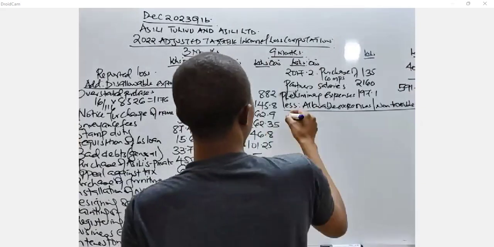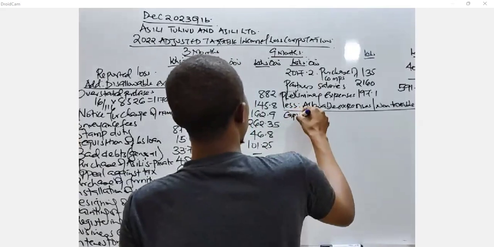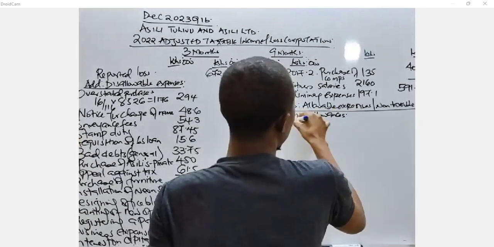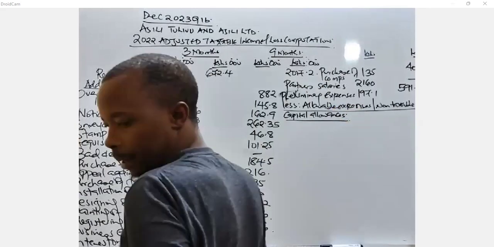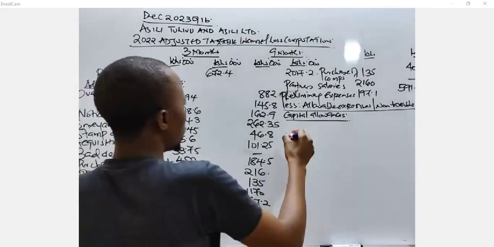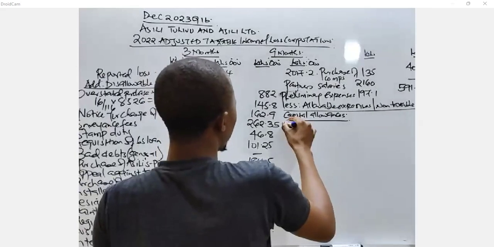Now, we can start with the capital allowances. Under the capital allowances, very simple. What do we have? We just look at the assets which we have already returned the cost here. Now, we start with the office, purchase of furniture.